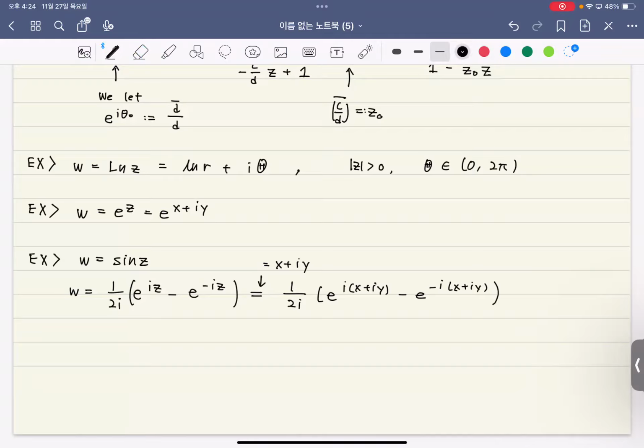Okay. I'm going to leave it as an exercise. Actually, I think we already did this one. And it turns out this is sine x times hyperbolic cosine of y plus i times cosine x times hyperbolic sine of y.